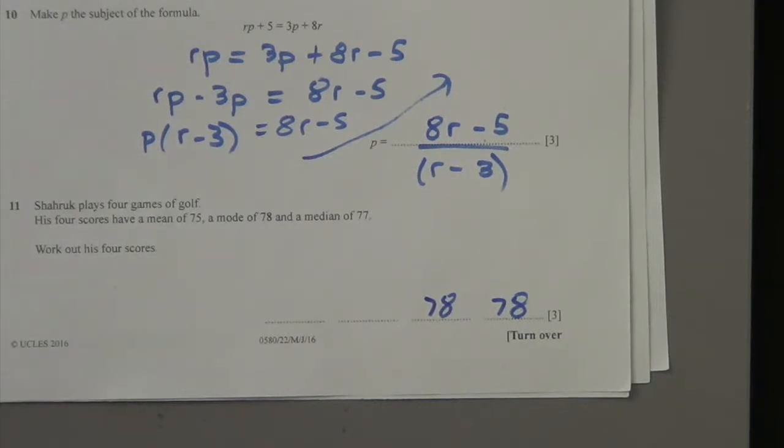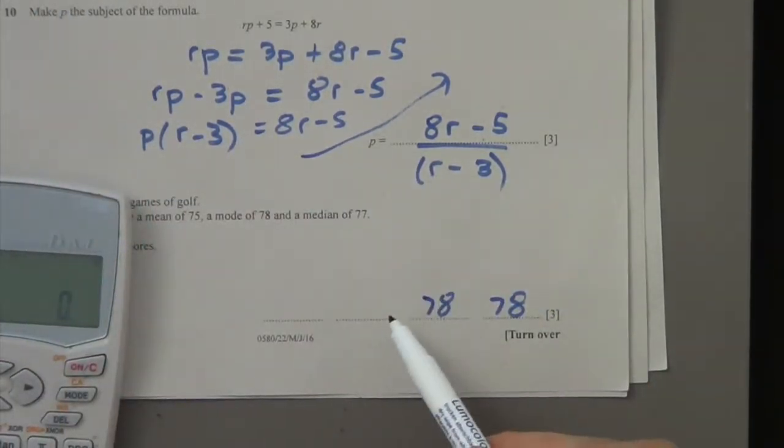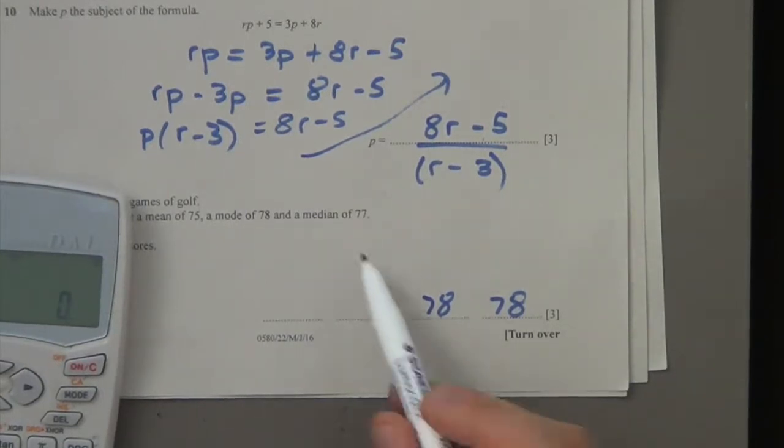Next thing I need to work out is the median. Well, how can I get a median of 77? Let's try something out with my calculator. I can't have 77 itself here, because I need 2 numbers to give me 77.